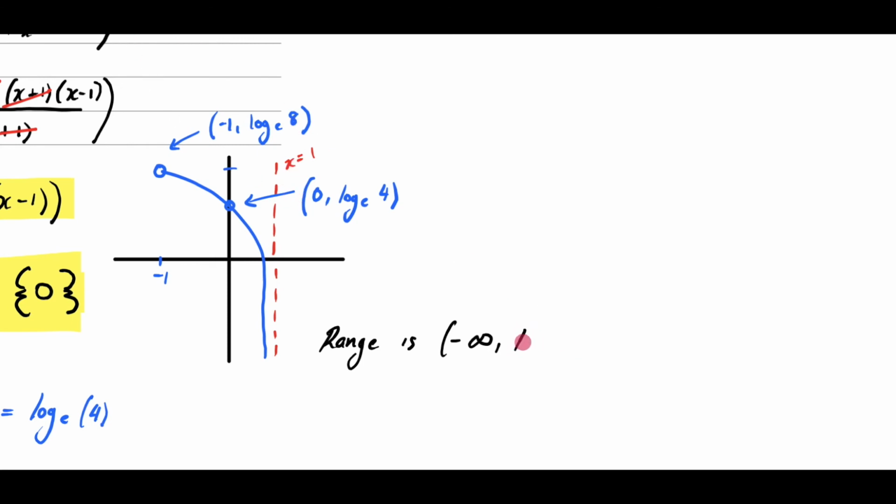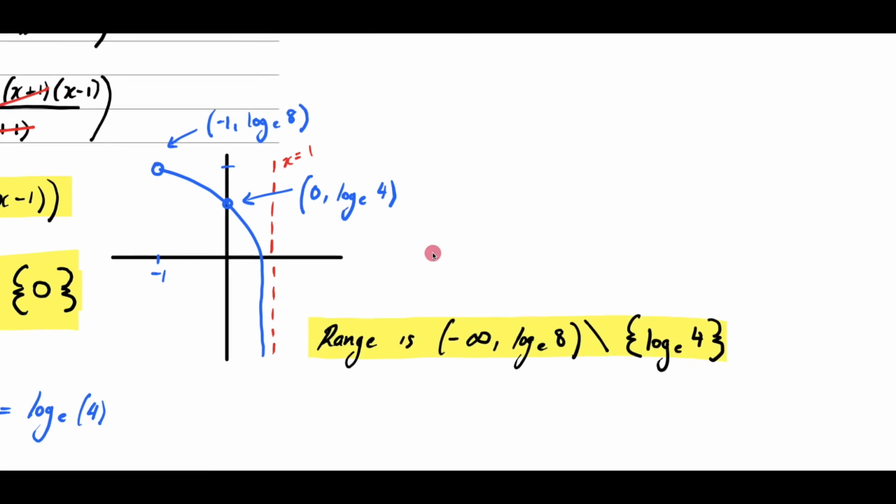So it's going to be log e of 8. And we also know it's excluding here. You've got an empty circle there, so you know it's not going to include it. So we're going to remember these fancy little brackets here, log e of 4 is that point right there. All right, that is our answer.